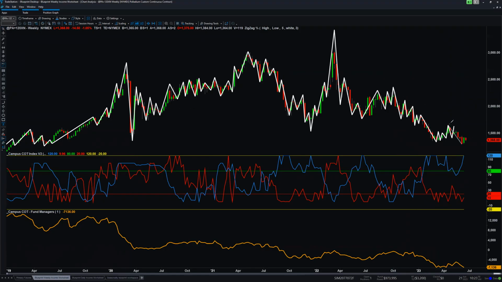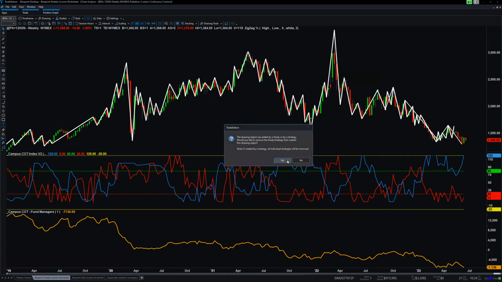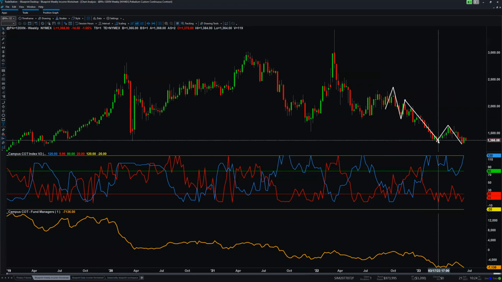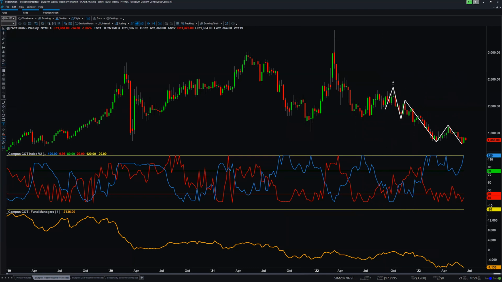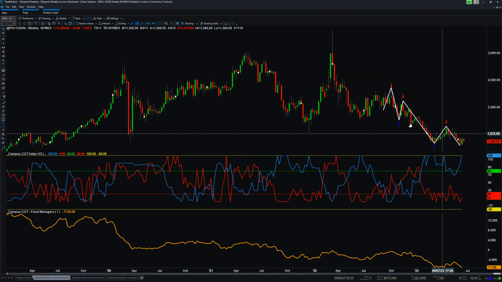So we have 1, 2, 3, 4. This is how I would draw trend. And so just a little bit cleaner, right? We've got these clear lower highs and we've got these clear lower lows as well.